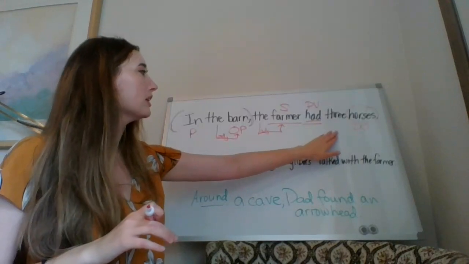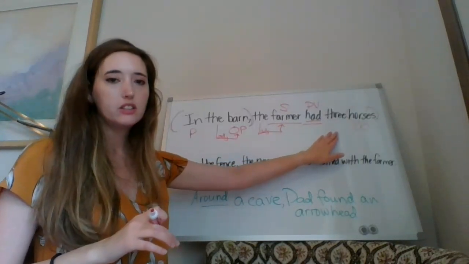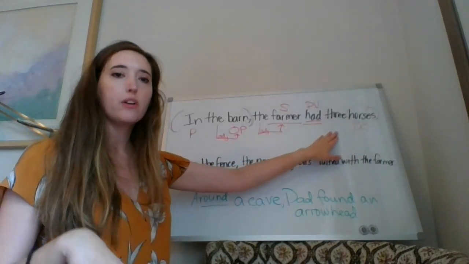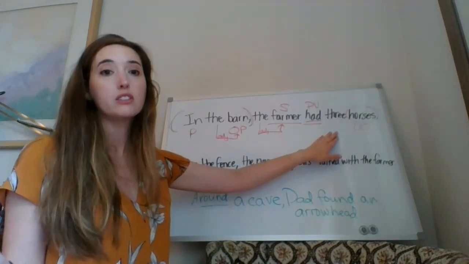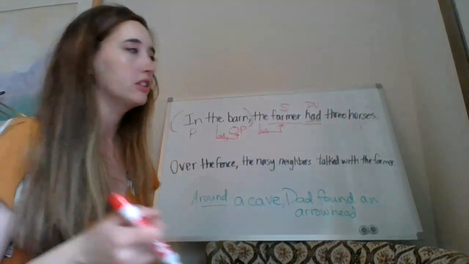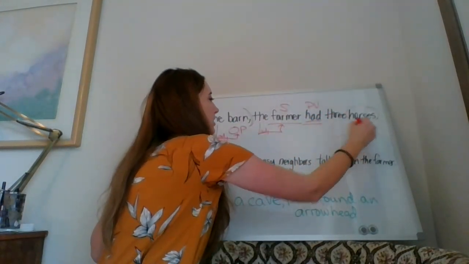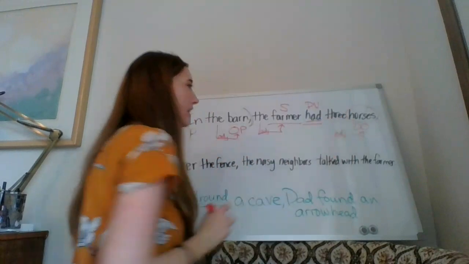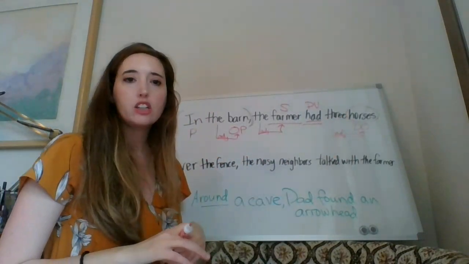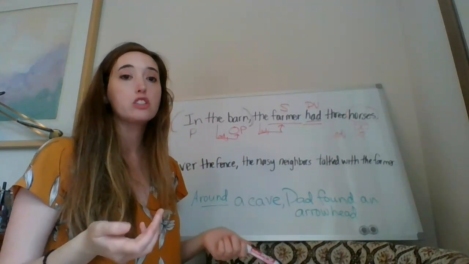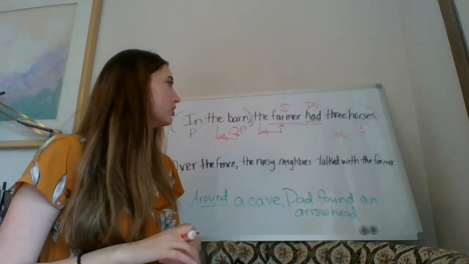Next, the word 3. What is 3 telling us? In the barn, the farmer had 3 horses. It's telling us how many horses. So we'll say 3 tells us how many horses. It is an adjective element because it modifies a noun. It is an adjective. You can sing your adjective song in your head if you're stuck on what questions these are answering.